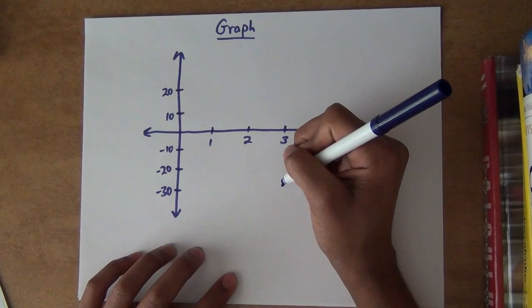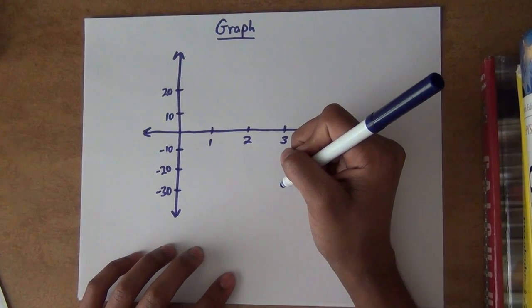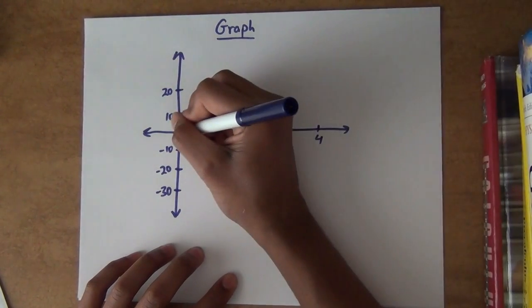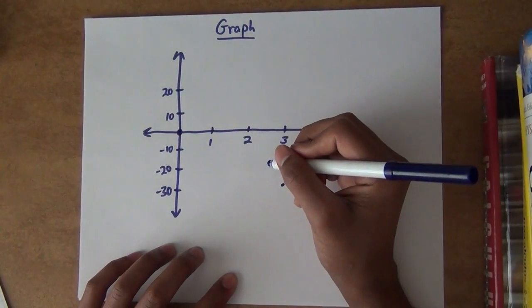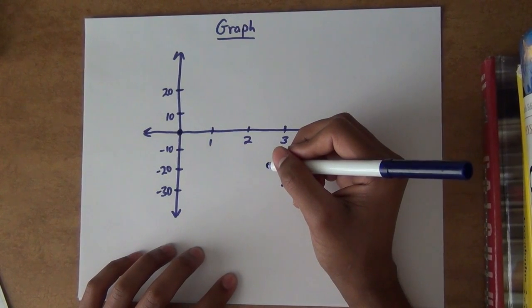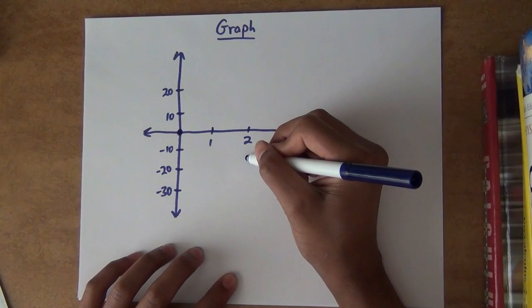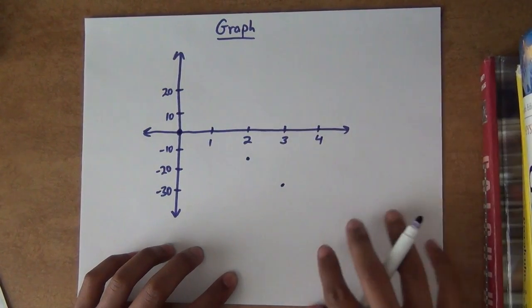This is just a sketch, so don't worry too much about being exact. Point of inflection 0, 0 right there, and we have another point of inflection 2, negative 16, just about there.